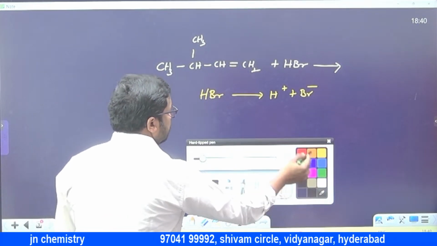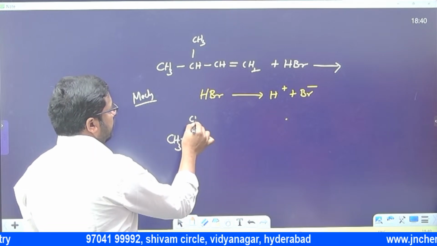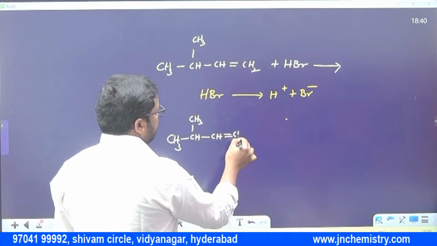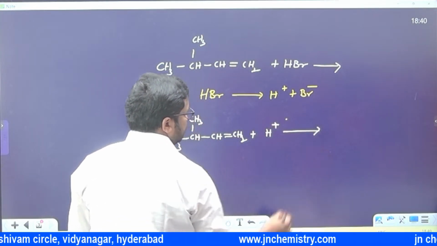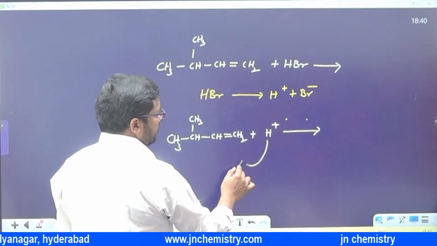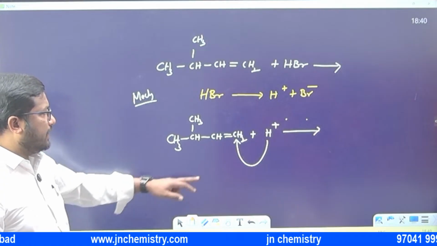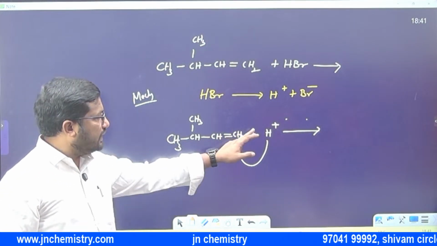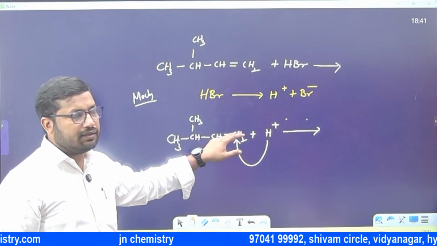Next, (CH3)2CH-CH=CH2. The first H plus is coming and attacking particularly here. Why? If H plus attacks here, we'll get the 2 degree carbocation. If it attacks the other carbon, a 1 degree carbocation forms, right?